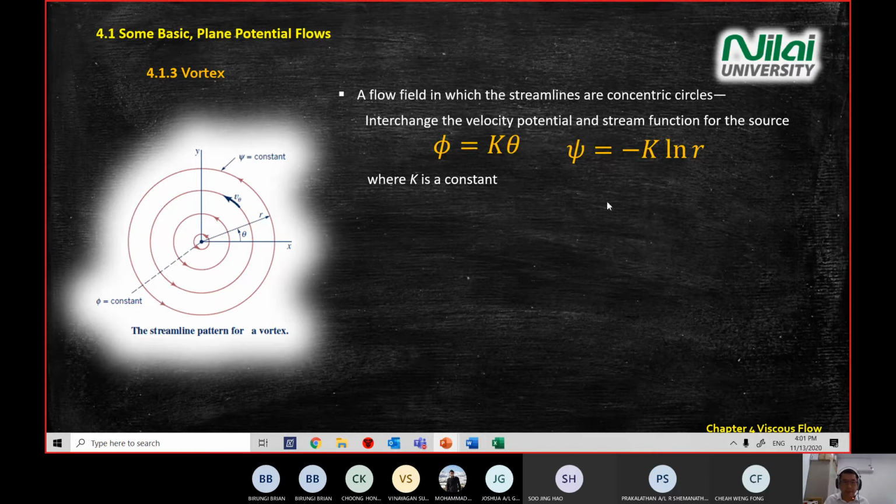K is a constant value, and our stream function equals negative k ln r.